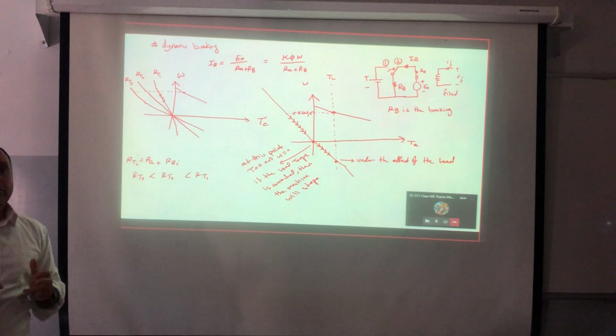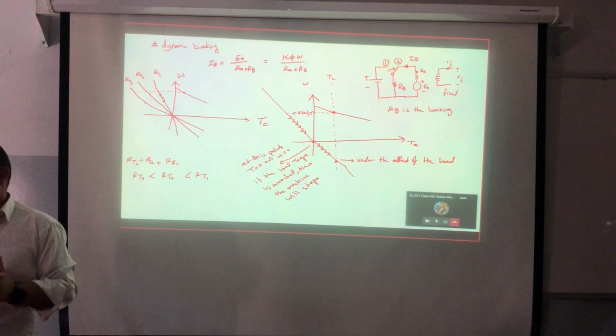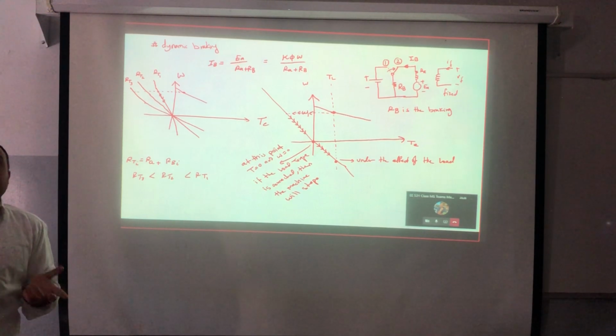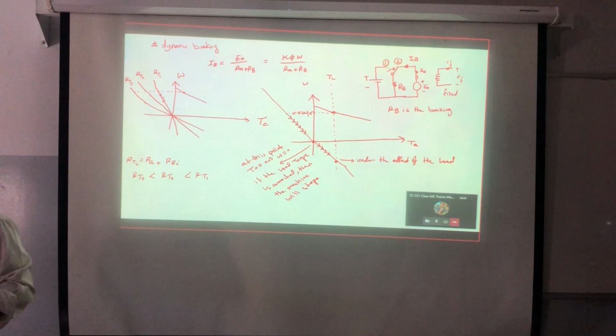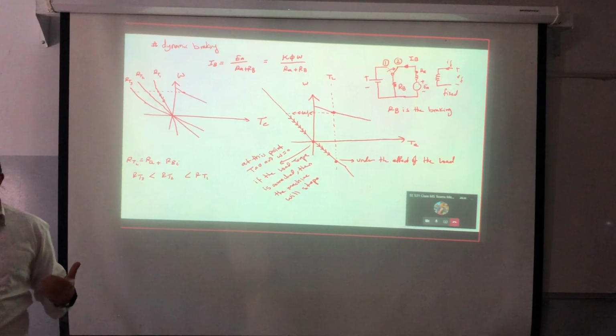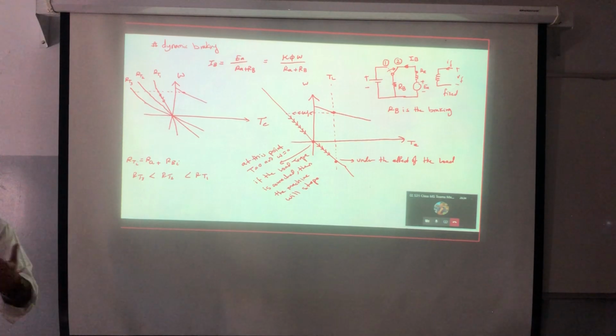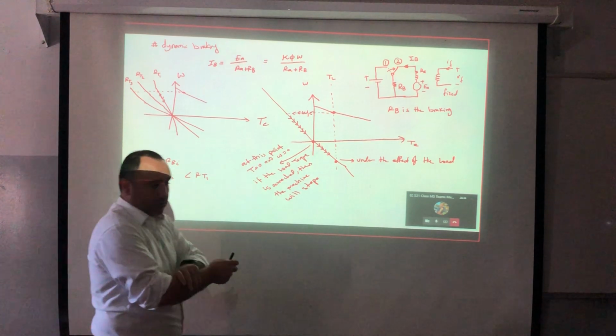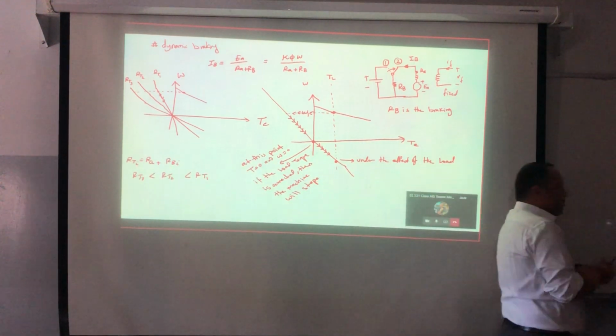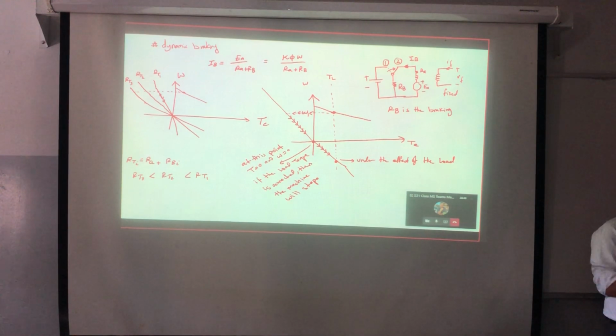Or design the braking resistance such that the maximum current is not allowed to exceed 4 times the rated current. So you have a lot of scenarios. Understood the meaning of dynamic braking? Good.